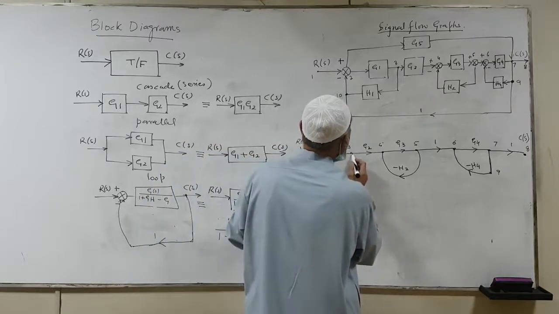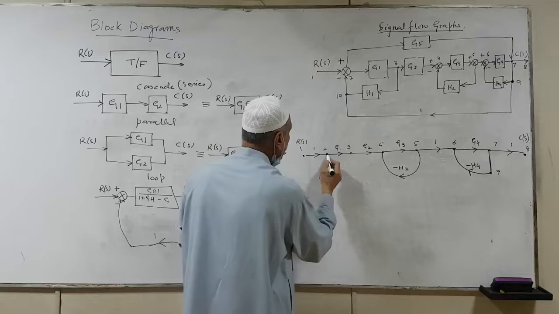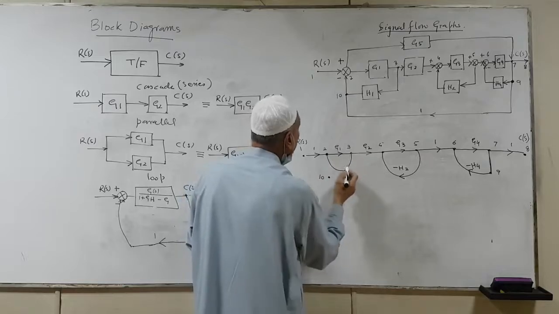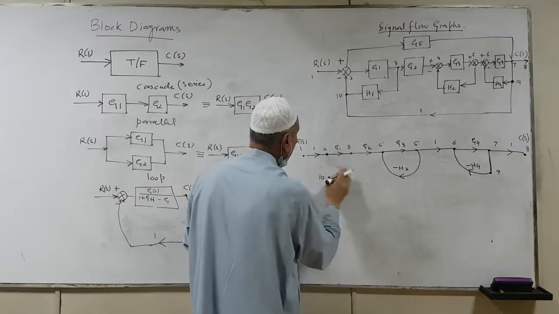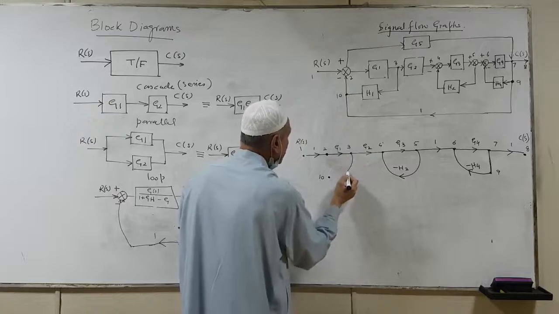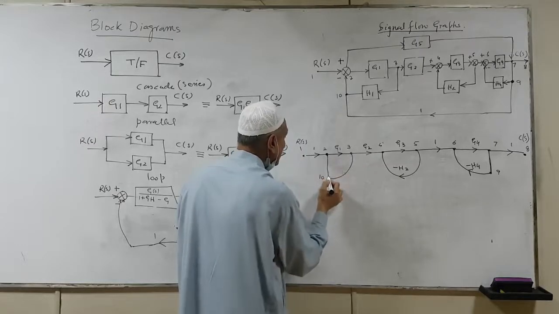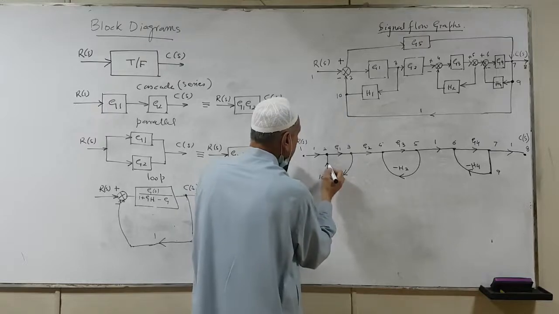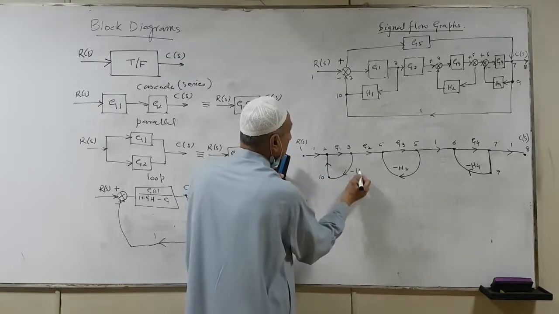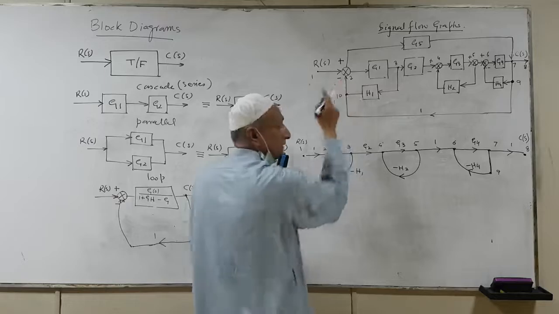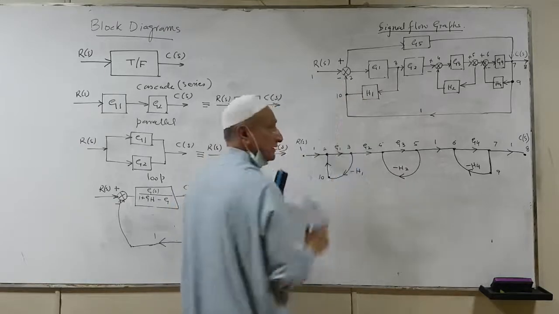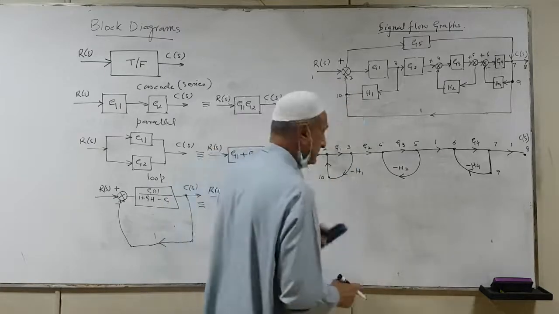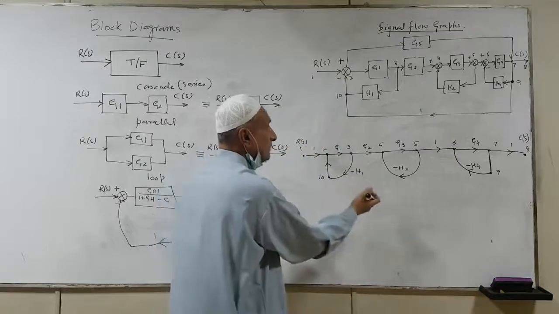Between 3 and 2 we are talking about another transmittance, but anyhow I'll just draw it accordingly. This is how you draw it, because we have placed a node. So this is the arrow, this is this arrow, and this one is minus H1 because of the negative feedback over here. This minus sign is then incorporated. If it's plus, just leave it as it is. So we have completed this thing.